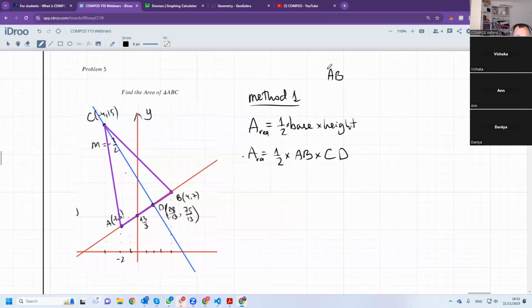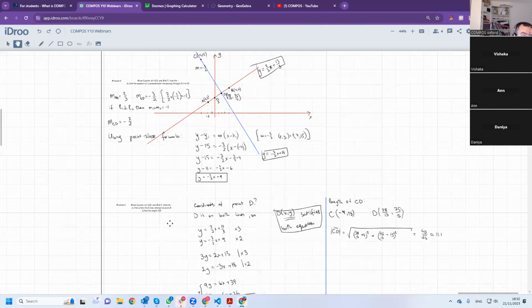So AB is the square root of... Oh, we already know the distance, of course. We found AB in the previous question, and it was 2 root 13, I believe.